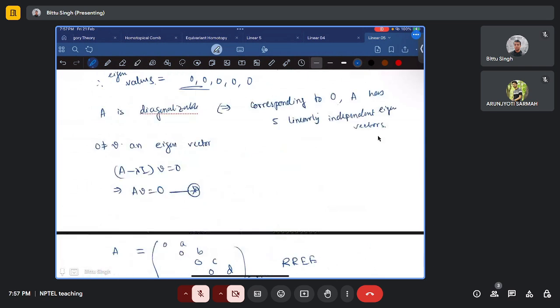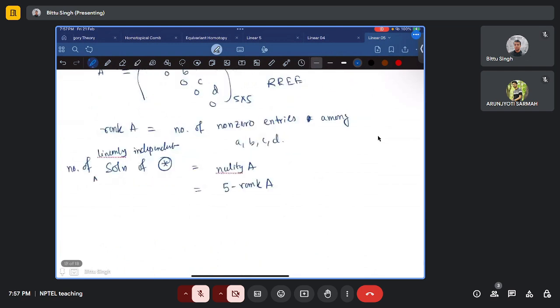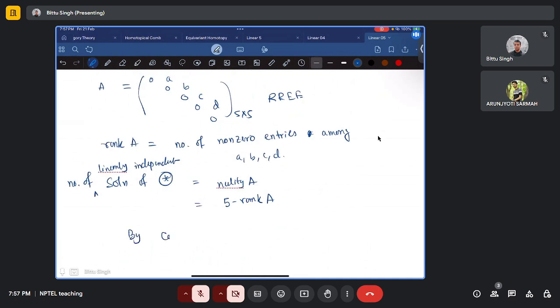So this equation must have 5 linearly independent solutions. That means by condition 5 minus rank A must be 5, because we must have 5 linearly independent eigenvectors, that is diagonalizability of A. So it is equivalent to saying rank of A equal to 0.